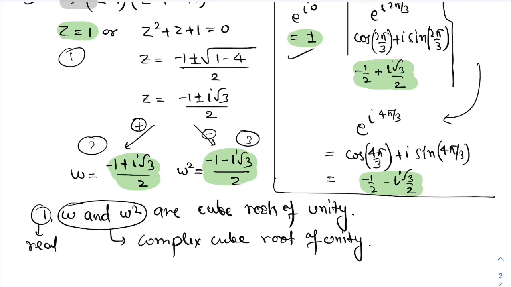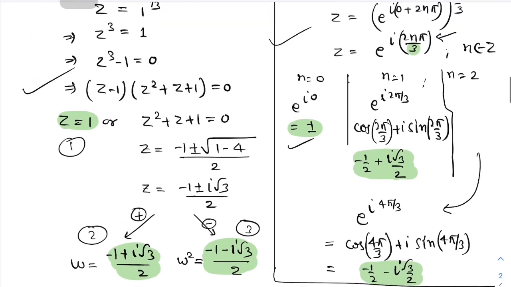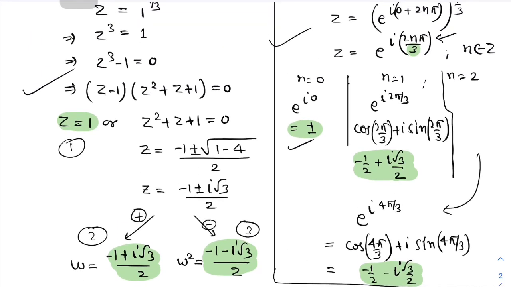Okay. The other way to look into this property is 1, omega and omega square are the roots of this equation, that is z cube minus 1. In the theory of equations we studied that the sum of roots of any polynomial equation is negative times the coefficient of, if we are having a cubic equation, so negative times the coefficient of z square divided by the leading coefficient, that is the coefficient of z cube.